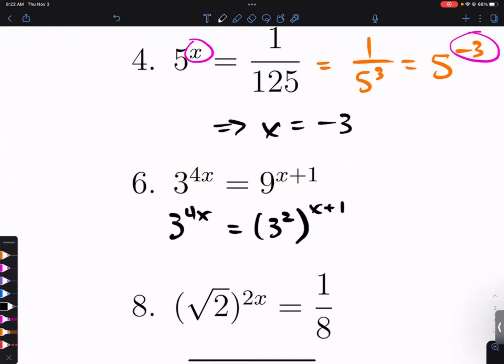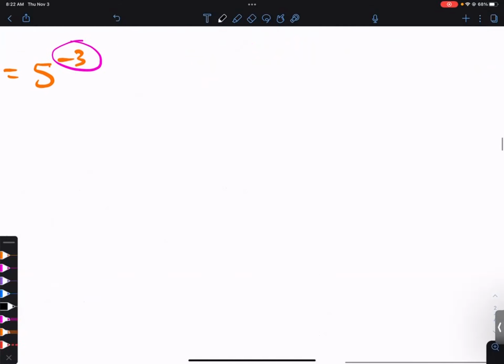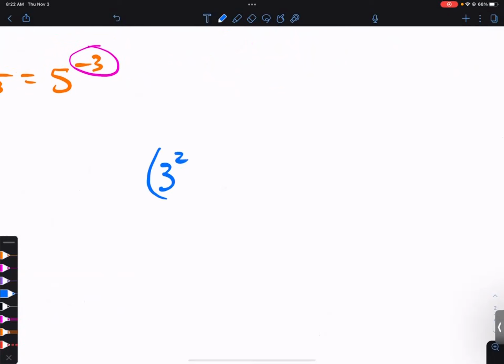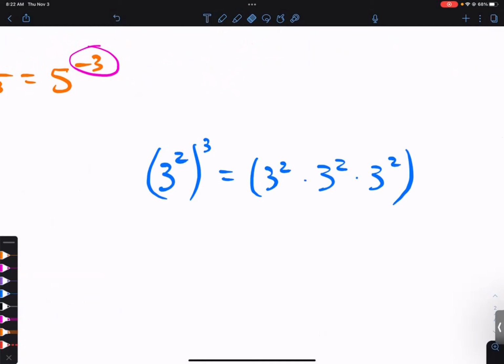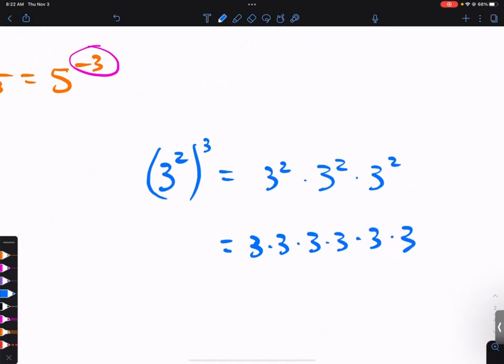Think about, I don't know, if it was 3 squared cubed, that means to take 3 copies of it and multiply them together, right? But each of those 3 squareds is just 2 copies of 3.